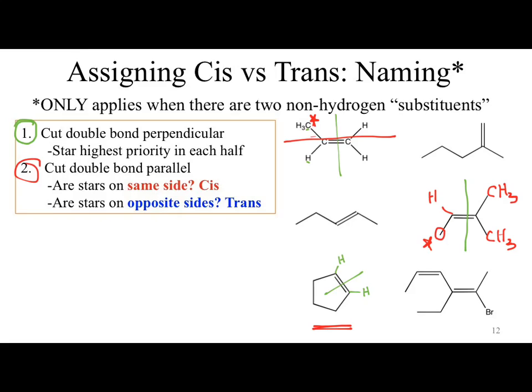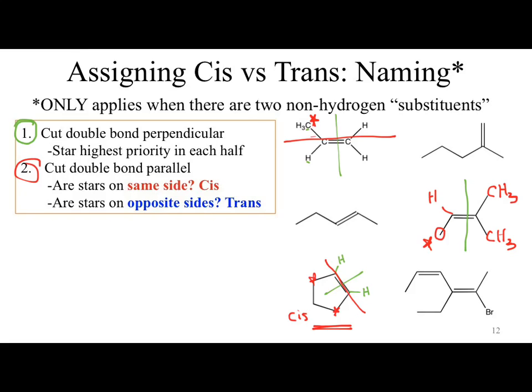Carbon versus hydrogen, which is higher atomic number? Carbon, so we can star that. Look at the bottom part, which is higher atomic number. Now cut parallel to our double bond. Are the stars on the same side or opposite sides? Same side, so we might say cis. Can this structure possibly be trans?